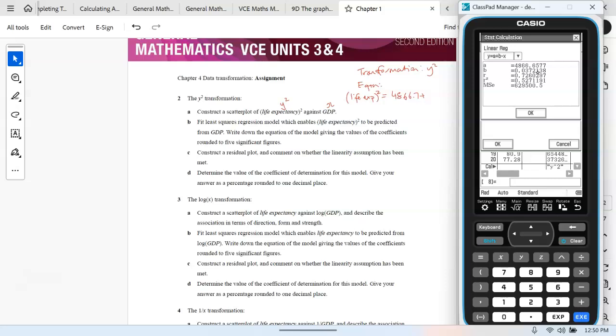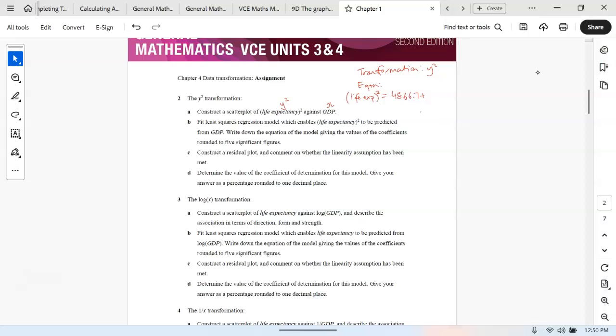All right, so I'm just going to have to put it underneath. 0.037, so remember we only count the significant figures. All right, so those 0 and the 0 stay, but we've also then got to include 5 significant figures, and then that's times GDP. All right, so a bit squishy there, but there's your equation for the y squared transformation.